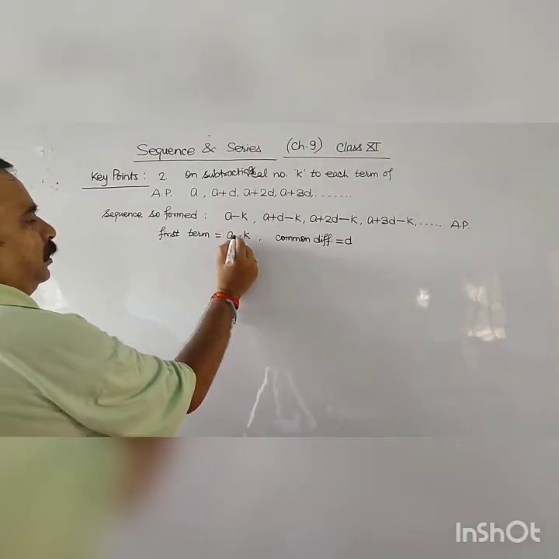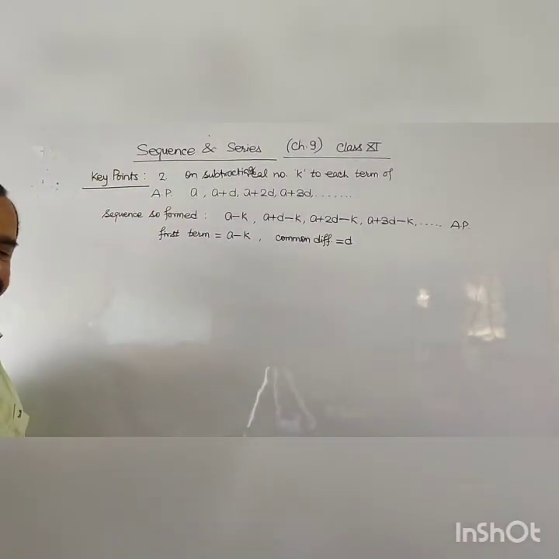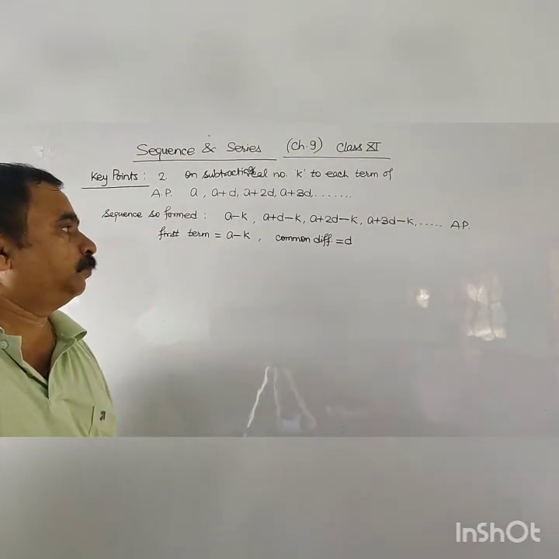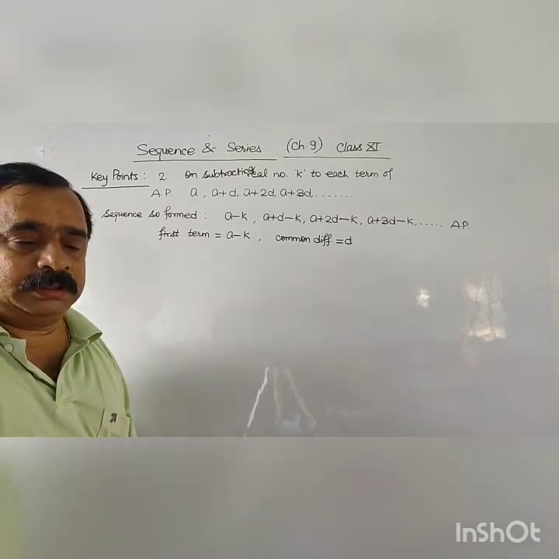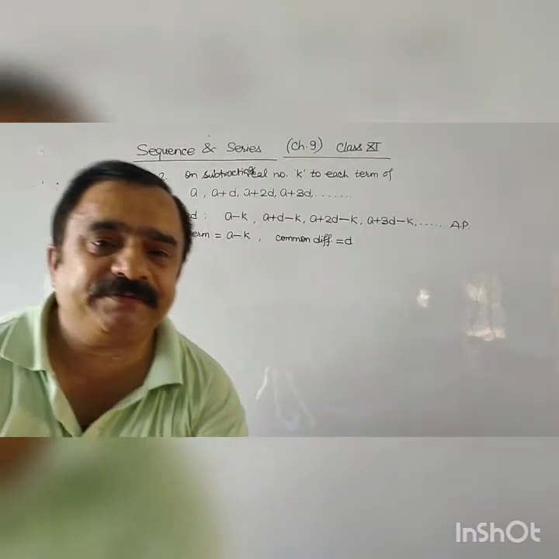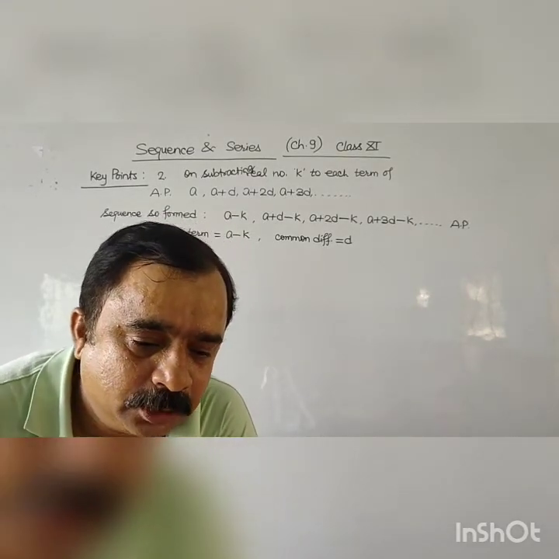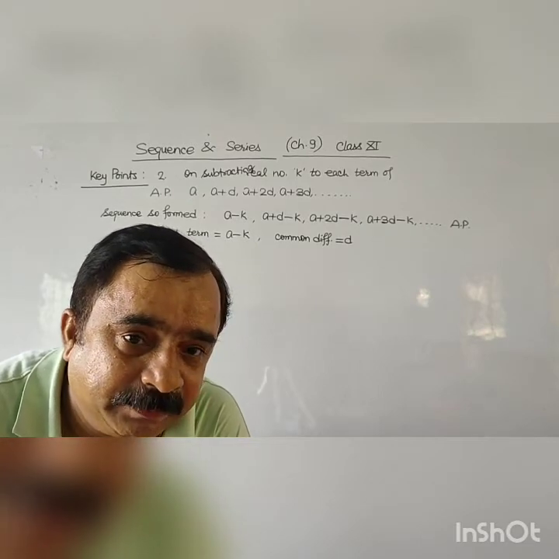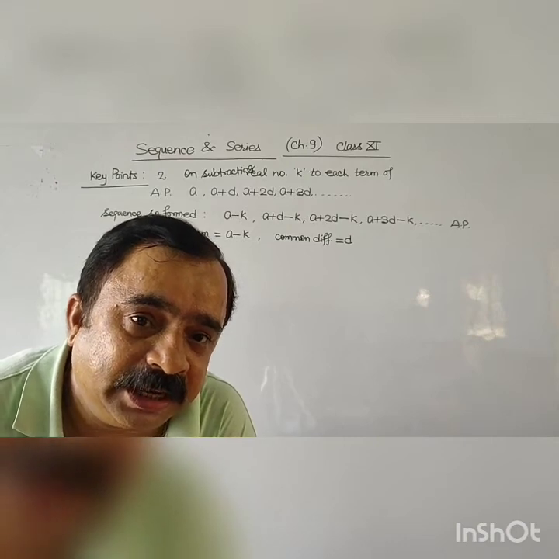The first term is A minus K, common difference is D. This means if we add or subtract a real number to each term of an AP, then the sequence so formed will be an AP.